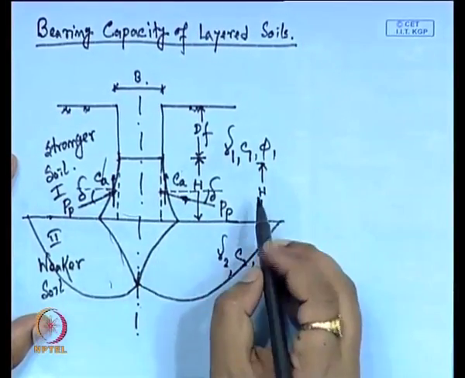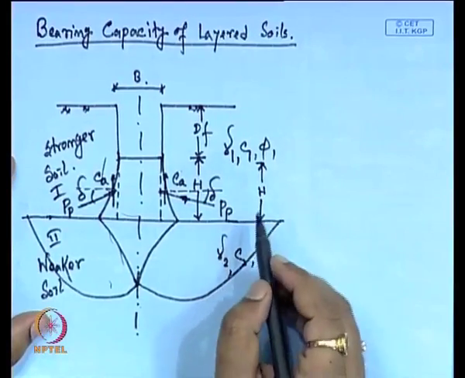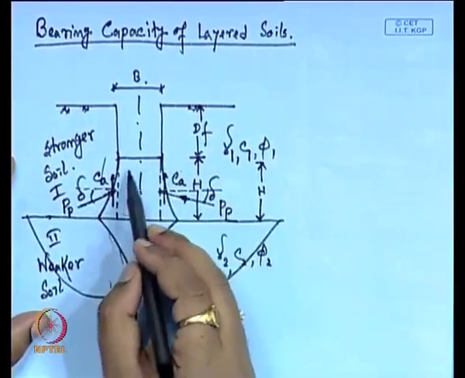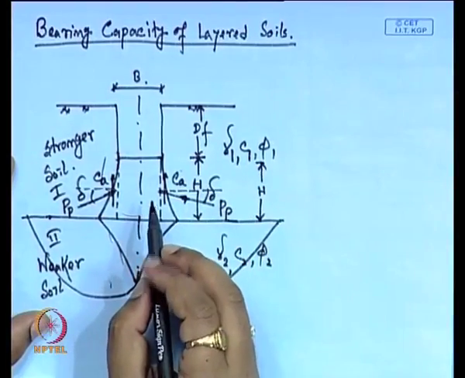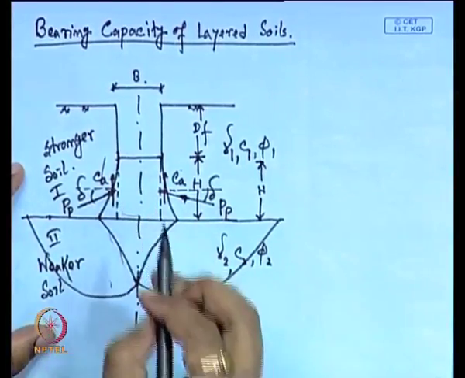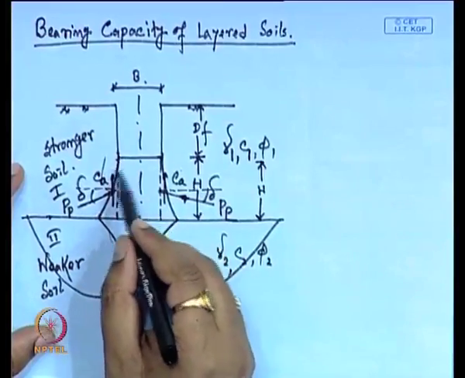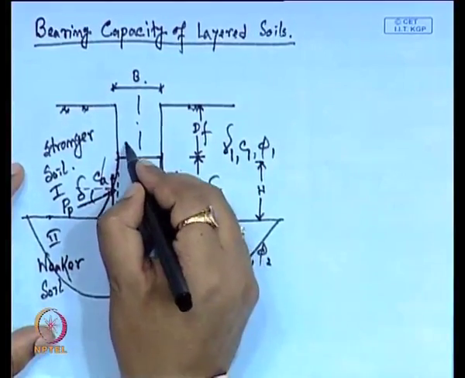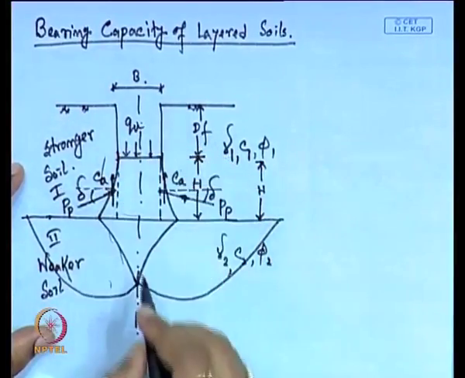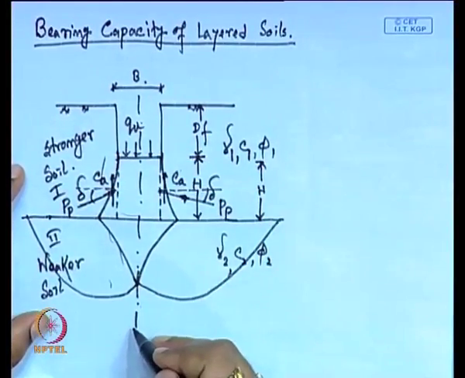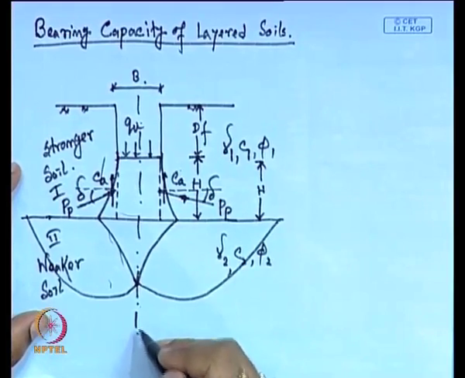Now, if the distance is relatively large, then most of the failure surface will be in the stronger layer. So, the effect of the loading intensity or the footing load, suppose this is the footing load, that is Q ultimate, will not go to the second layer or the weaker soil layer.